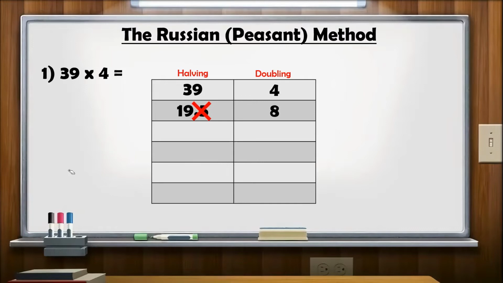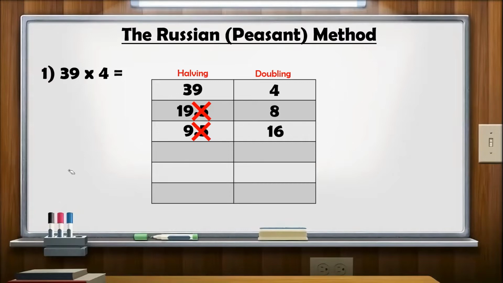You will then repeat this until the number 1 is reached in the left-hand column. So half of 19 is 9.5 and double 8 is equal to 16. So once again, we have a decimal which we are going to ignore, and in that case 9.5 will now be 9.